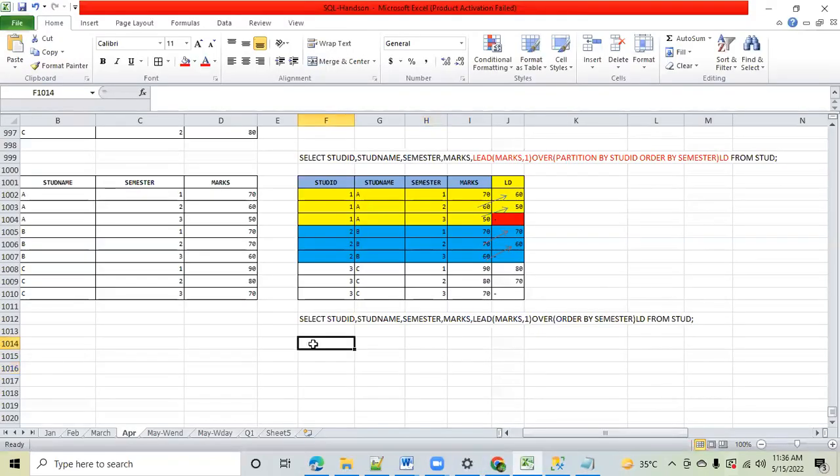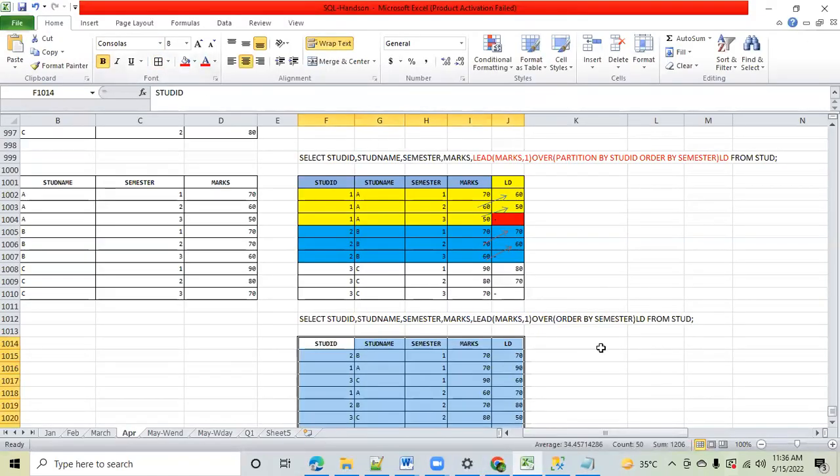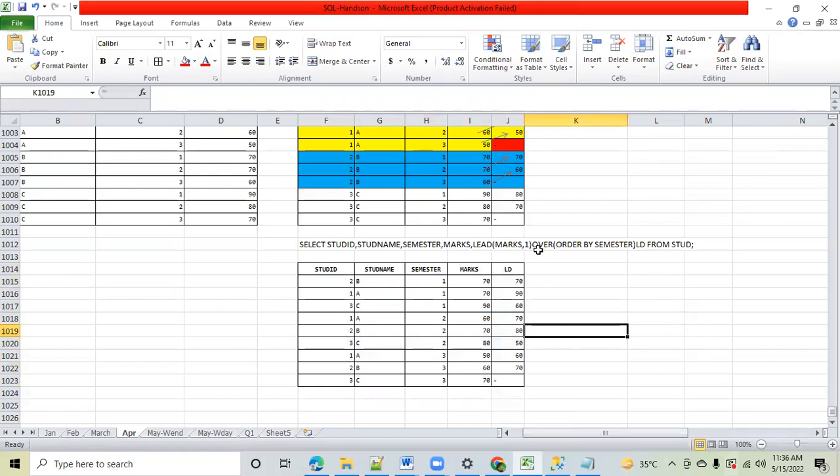So now if you see here, this is the output in front of you. Now concentrate here. There is no partition, right? So you can see all the student IDs are mixed here, right? There's no partition. Now this 70 has moved. Okay, fine. Now I will make you understand the importance of this order by semester.